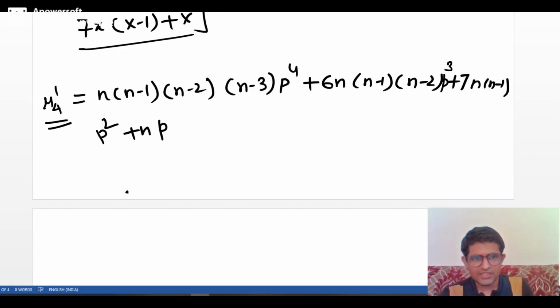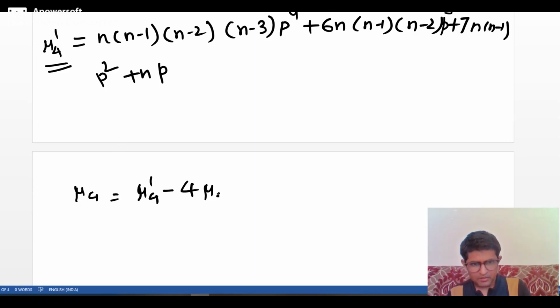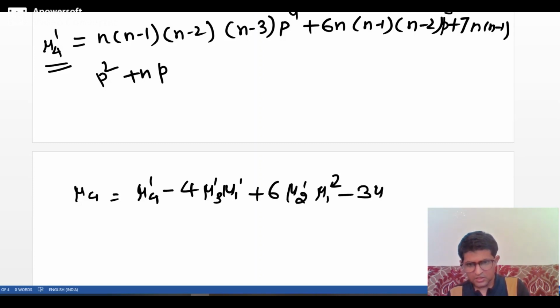Now when you have the values of mu1, mu2, mu3, mu4 dash, you can easily write mu4 equals mu4 dash minus 4 mu3 dash mu1 dash plus 6 mu2 dash mu1 dash square minus 3 mu1 dash 4.